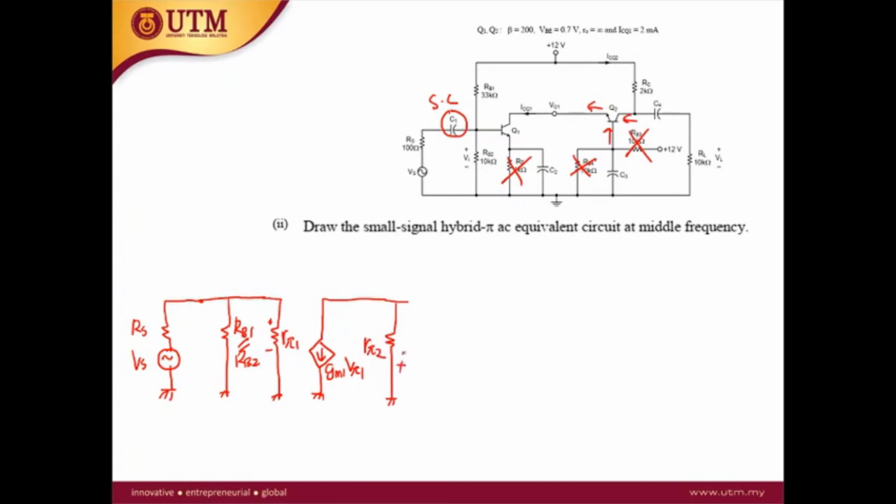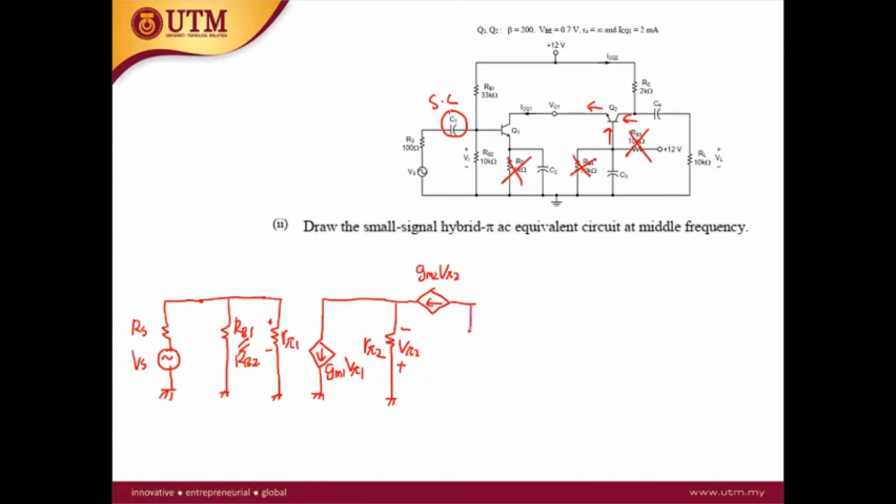The polarity of V pi 2 is here: because the current flows upward, the positive will be at the bottom. And the GM2 V pi 2 current source direction will also point to the left hand side.